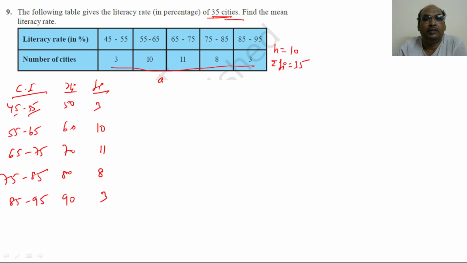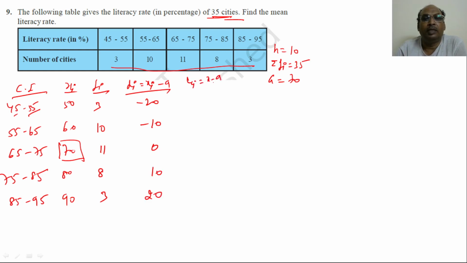Assumed mean A is equal to 70. Take it from the middle, 70. So di is equal to Xi minus A. 50 minus 70 is minus 20, 60 minus 70 is minus 10, 0, 10, 20. Ui is equal to Xi minus A by H. So minus 20 by 10, minus 2, minus 1, 0, 1, 2.